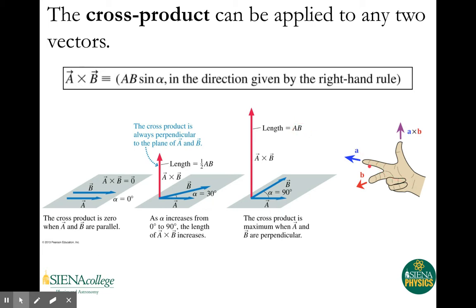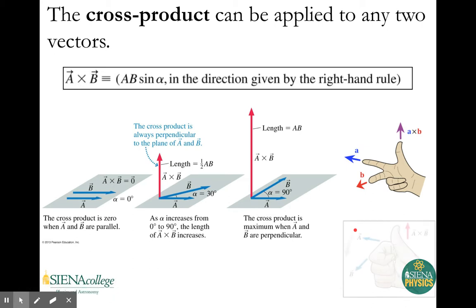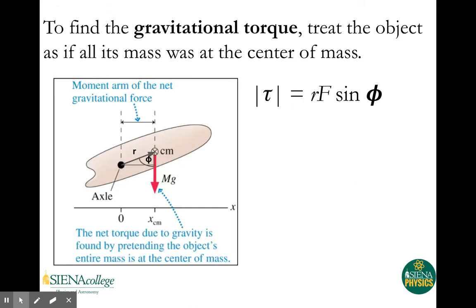Okay, again, remembering if you want to do it by hand, your pointer finger is in the direction of the first vector A, let's say, then your middle finger, I can't personally separate my middle finger from these two, so I do the rest of my fingers in that direction of B. And then torque is in the direction of your thumb. And this is much easier to practice in class than over a video, so we'll do some more of that in class.